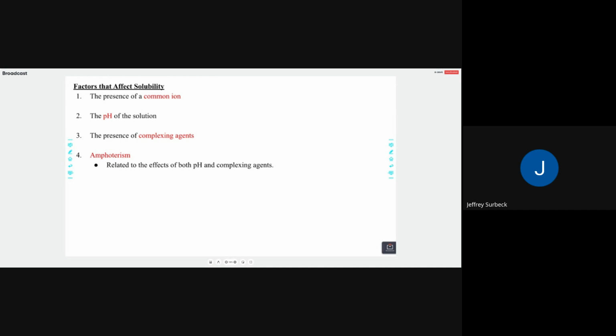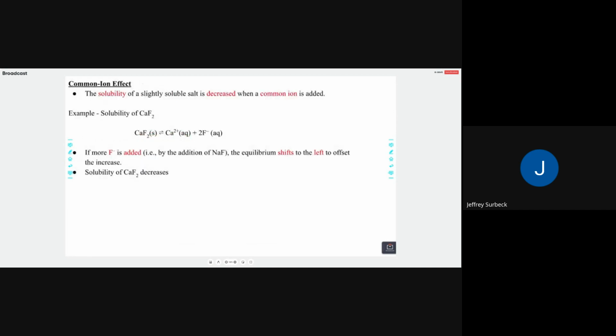Okay, so all of these things that affect this, we're going to factor in our focus on our particular common ion. Our common ion effect, we're going to start with a definition here: the solubility is actually going to decrease when we add a common ion to our particular solution.